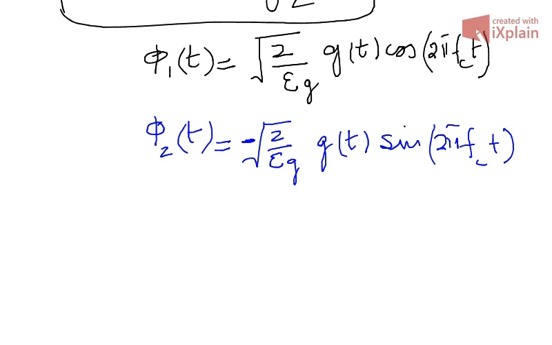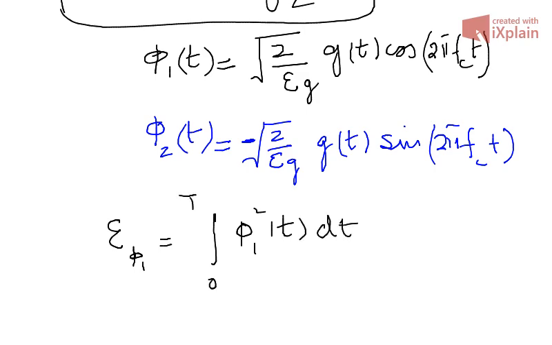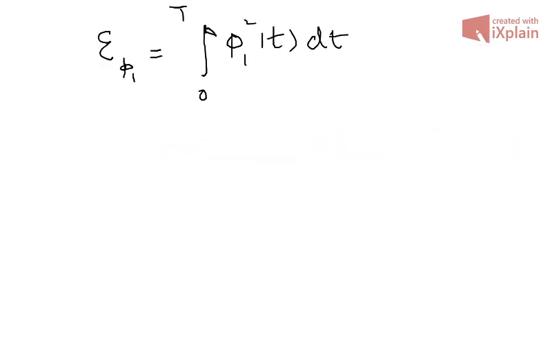If you are interested to find out its energy, just try to integrate it. Like if you are interested in finding out the energy of phi1, it would be the integral of phi1 square dt in this interval, 0 to T. So if you integrate it, you actually get unity. Try to integrate it. Let me do it for you.